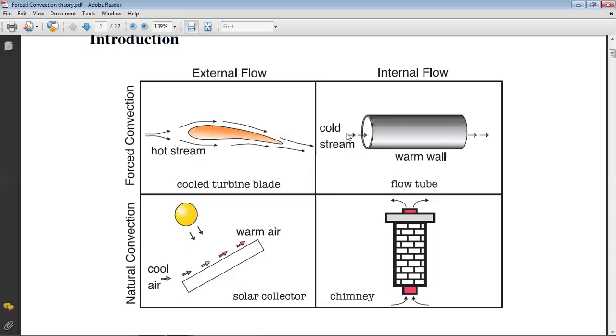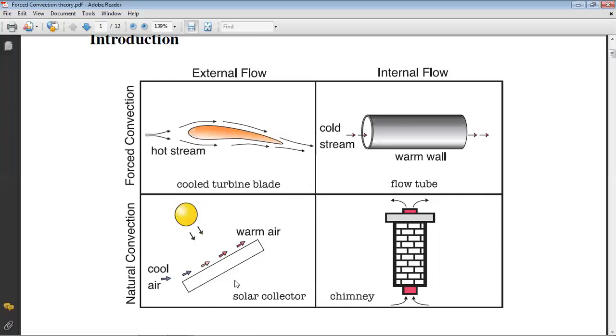And again, the cold fluid is passed with the aid of an external agent. In this case, it could be a pump if we consider the cold fluid to be water.